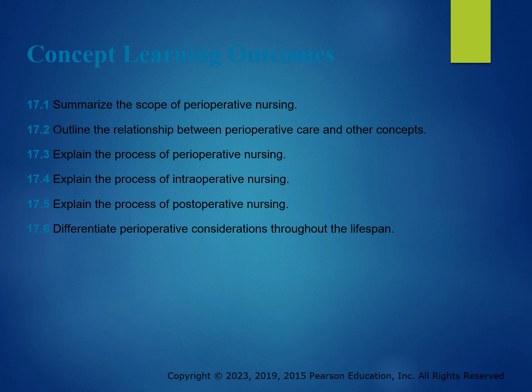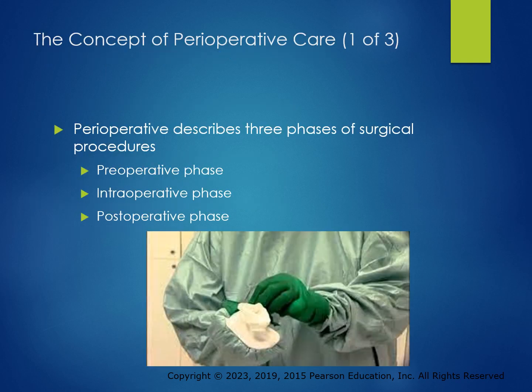All of these are affected during the surgery. We're going to talk about the process of the perioperative nursing, the intraoperative nurse, and the postoperative nurse. And we're going to look at cultural considerations and considerations through the lifespan as well.